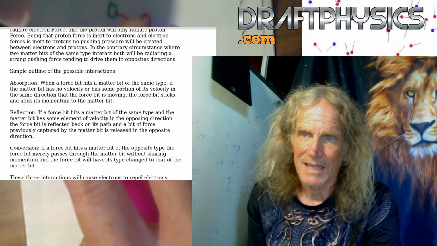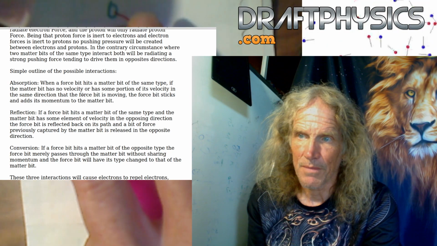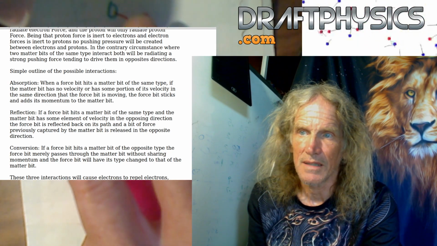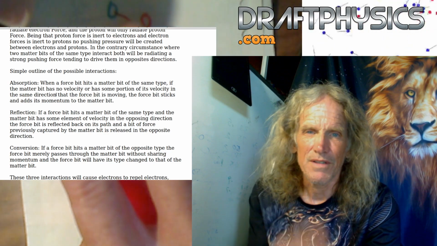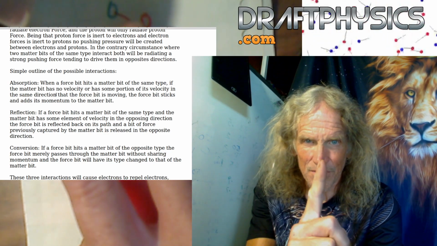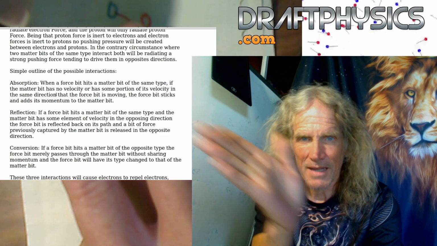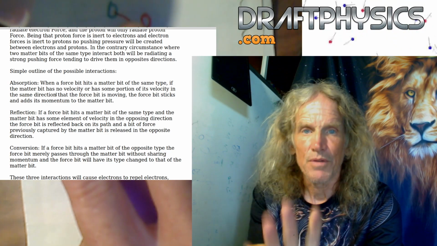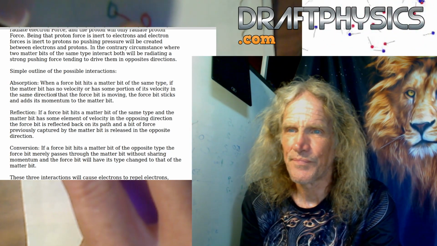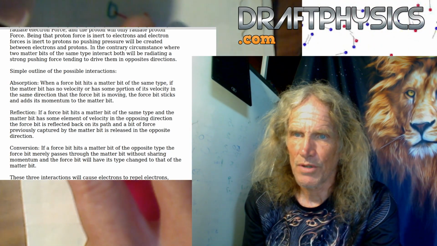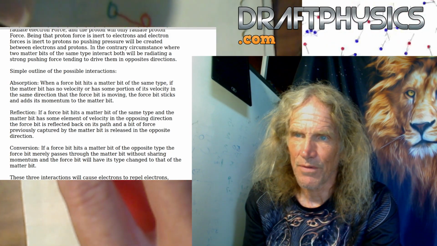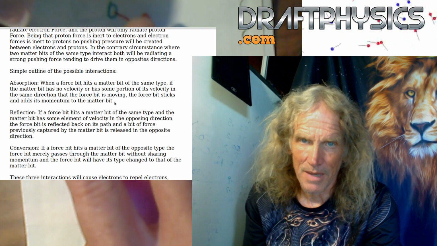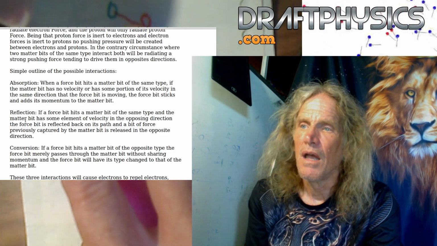When a force bit hits a matter bit of the same type, if the matter bit has no velocity or has some portion of its velocity in the same direction, so if the force bit's going this way, and the matter bit has a vector in any one of that 180 degrees, then the force bit sticks and adds its momentum to the matter bit, adding to its velocity. Simple enough. Reflection.